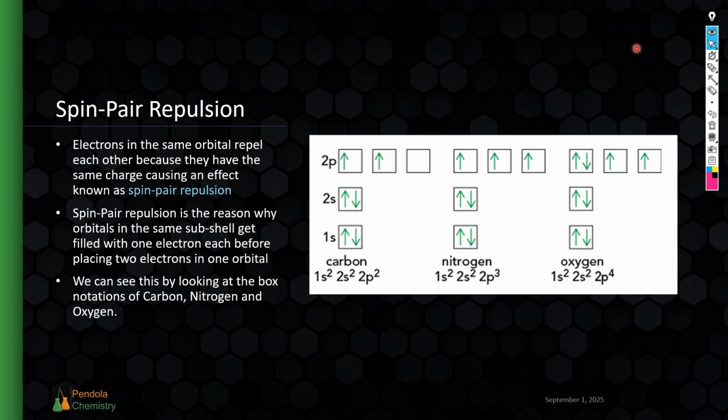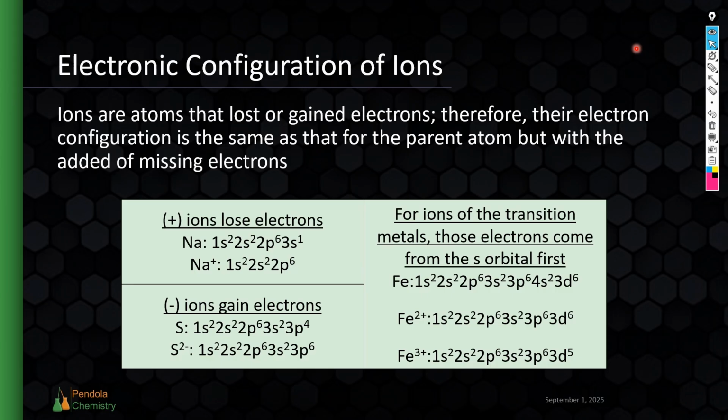Now, we talked about both standard and box notation for elements, and for ions, it's going to be very similar. We're still going to do electron configuration for ions. All you have to consider, though, is that you will have either more or less electrons, whether the ion is positive or negative. So there's no difference in the rules that we follow for electron configuration.